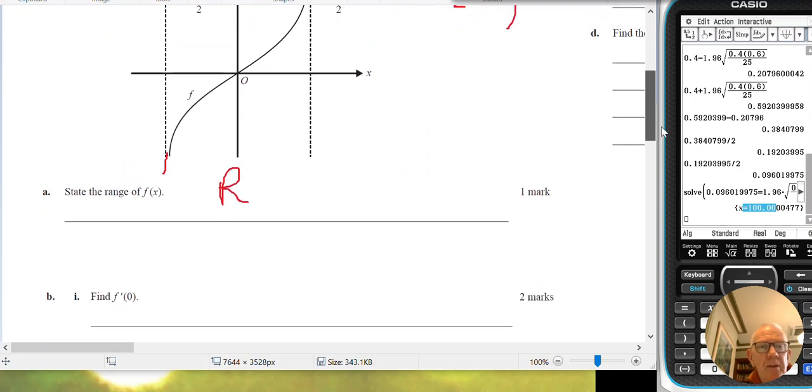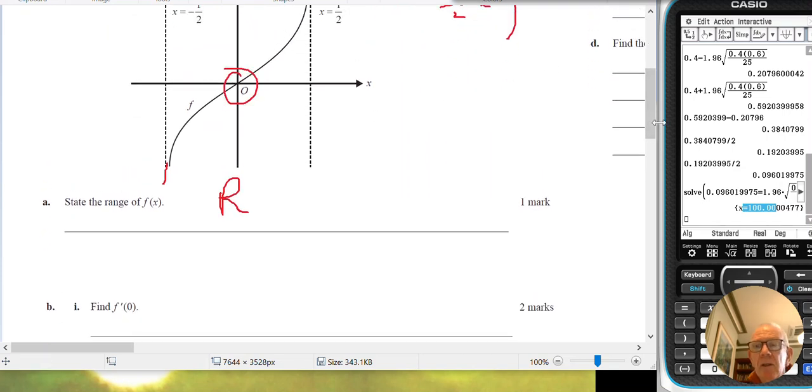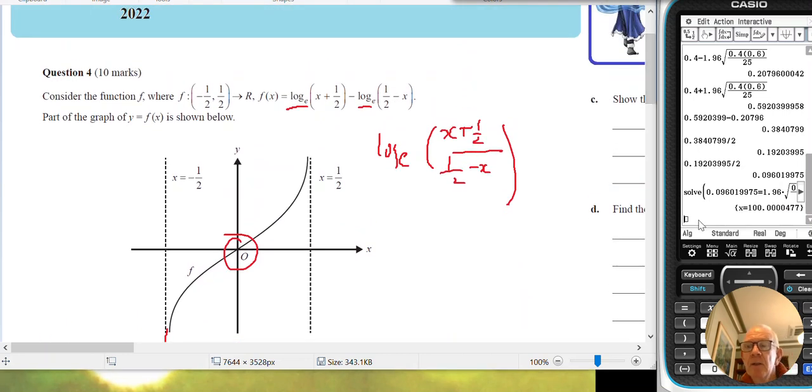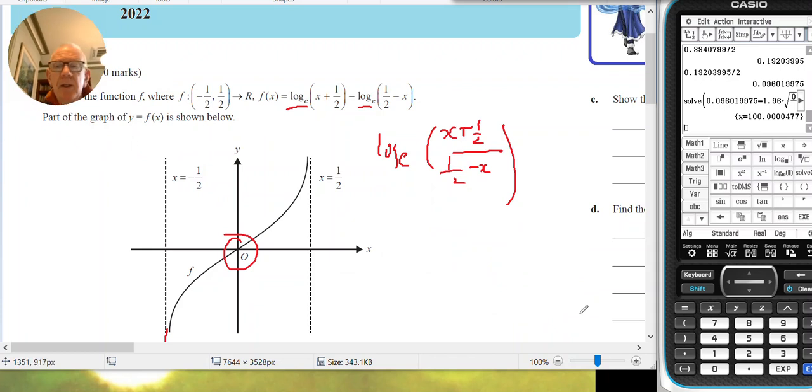Find the derivative. So I want the gradient at that point there. It looks like about 1, but let's just check it. So let's enter this in the calculator. So bring up my keyboard, get my face out of the way.